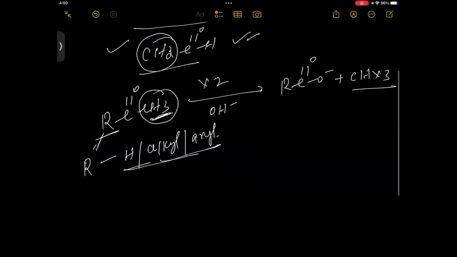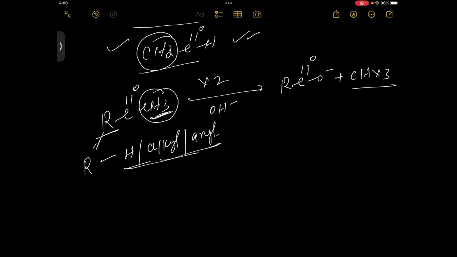Now, we are going to form iodoform or bromoform. The haloform reaction is base promoted.